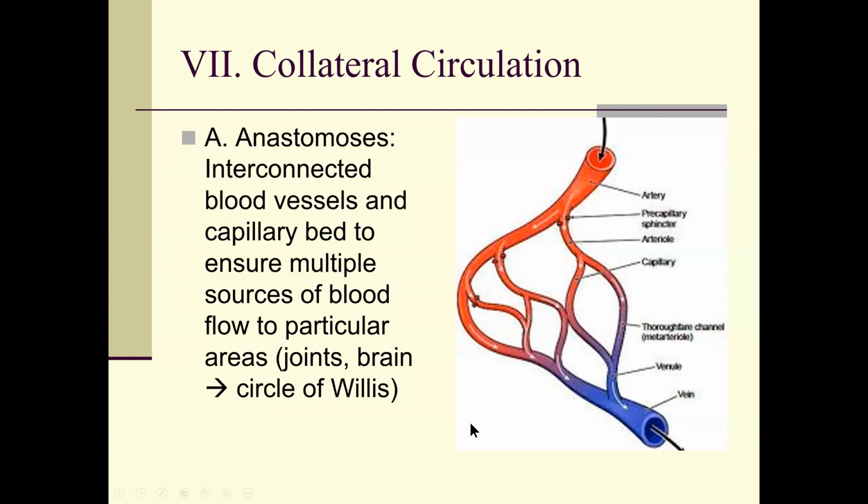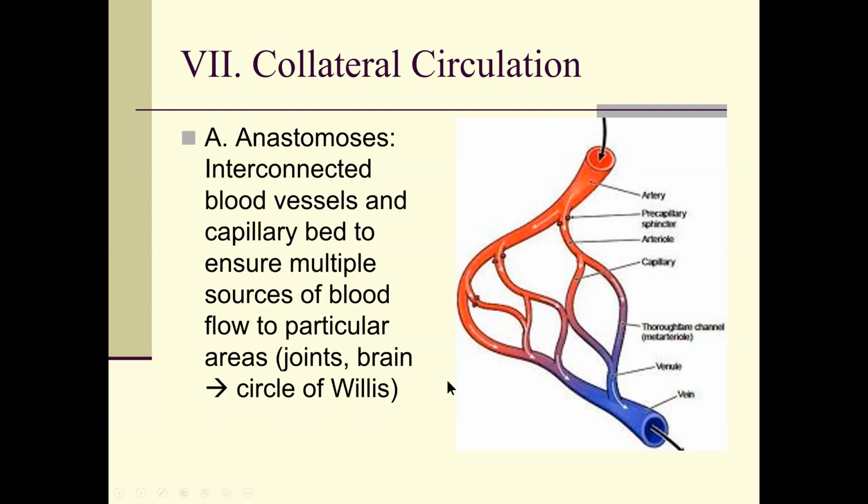It is actually a circle that brings most of the major blood vessels coming into the brain into a circle, so that if you have an obstruction of one of the blood vessels, because this is a circle, you can have blood flow to that part of the brain that would normally get its direct blood supply from a feeding vessel. So we have collateral blood supply in a number of places to prevent complete cessation of blood flow.